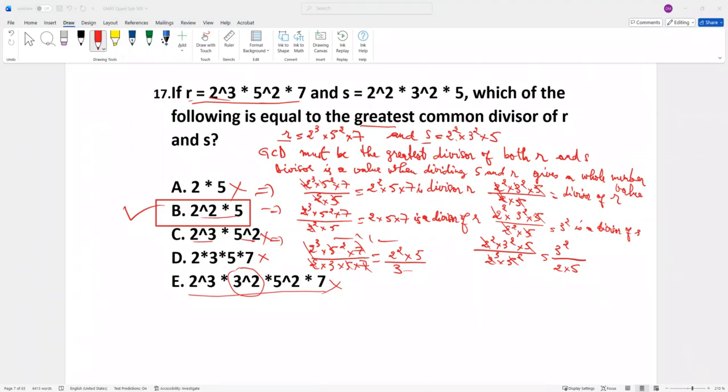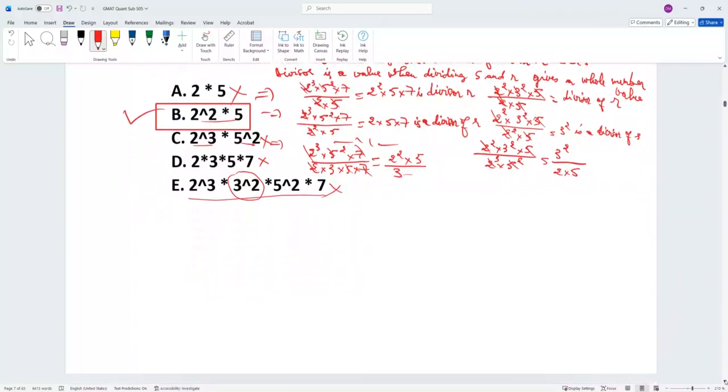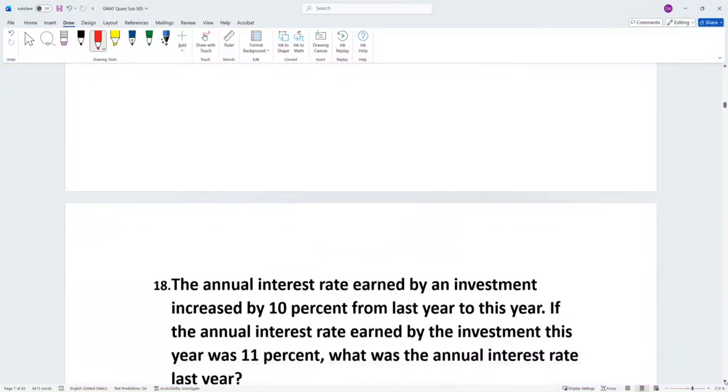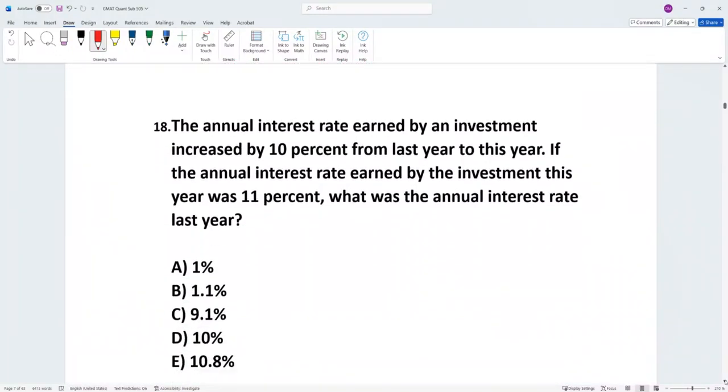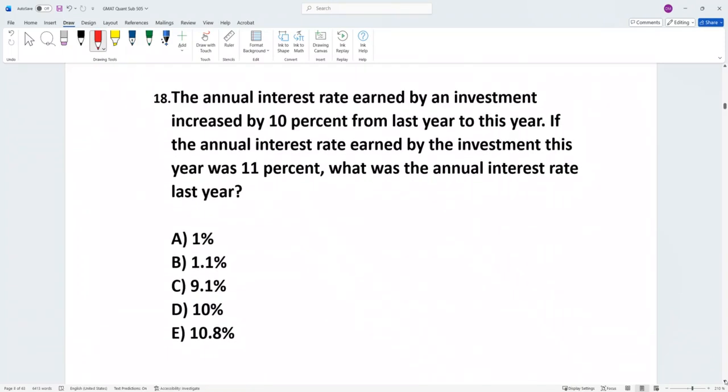Okay, so now let's take maybe 3 more questions. Question 18. It says the annual interest rate by an investment increased by 10% from last year to this year.